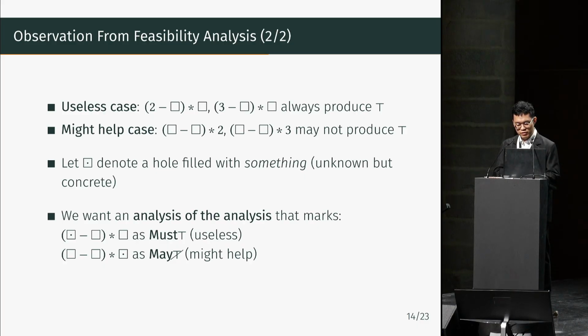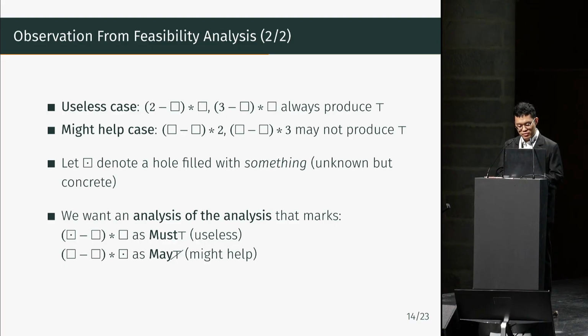Yeah, let me explain with an exact example. These are useless cases. 2 minus hole times hole, or 3 minus hole times hole, will always produce top, because we can't make constraints as even. But when we pick the last hole to fill first, there is the case where the feasibility analysis result is even.